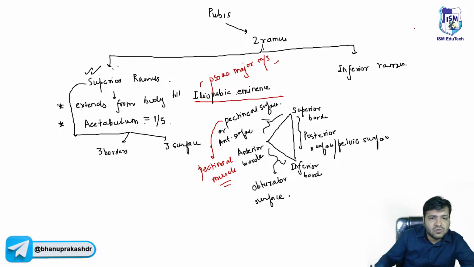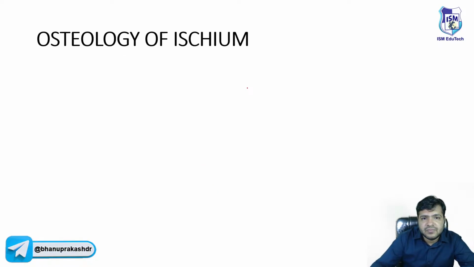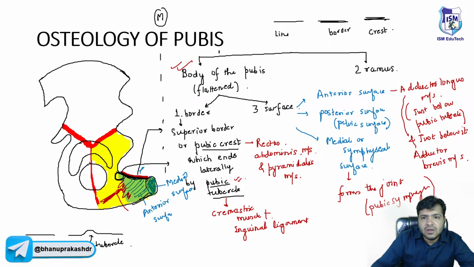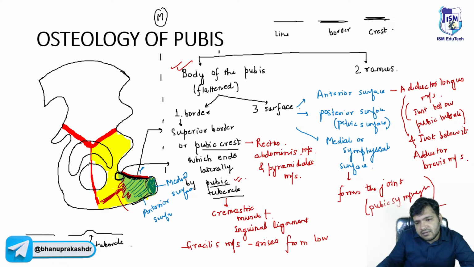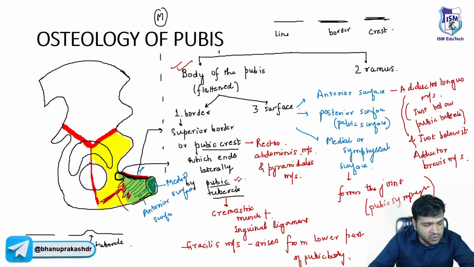And one more, if you want to write in the body part, you can mention one more muscle, beta, which is called the gracilis muscle, which arises from the lower part of the pubic body.